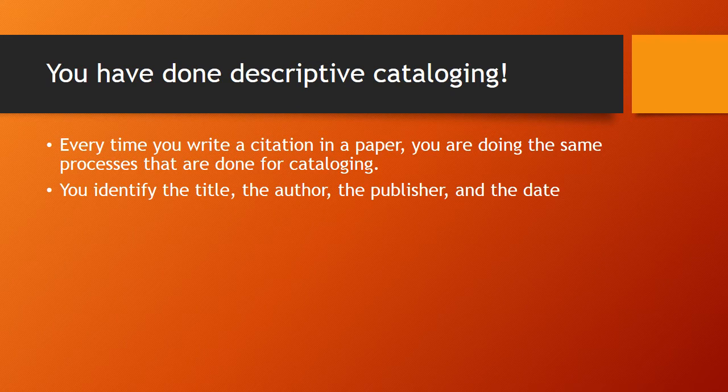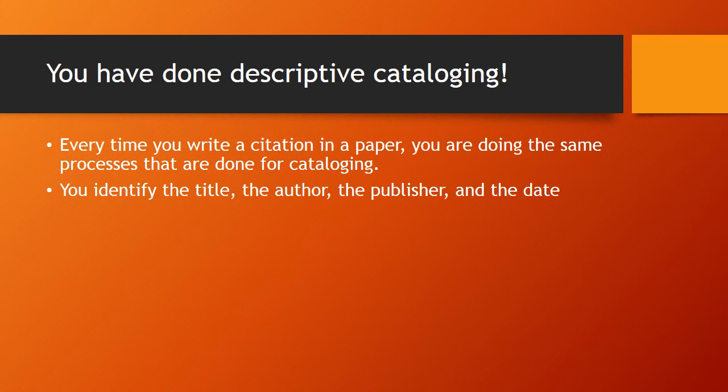You've done descriptive cataloging and you probably don't even know it. One of the reasons we talked a little bit about citations in the last class is that every time you write a citation in a paper, you are doing the same processes that are done for cataloging.